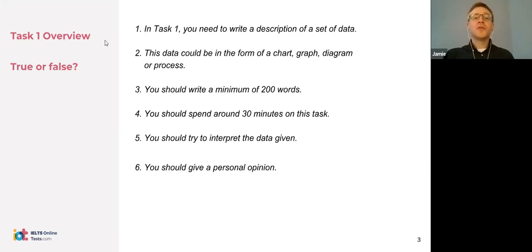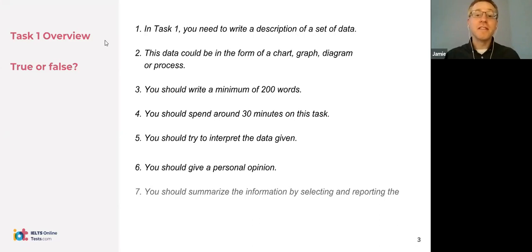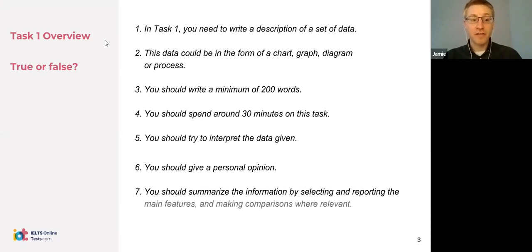Number 7. You should summarize the information by selecting and reporting the main features and making comparisons where relevant. Okay, thank you, Jehan. Thank you, Paramjit.